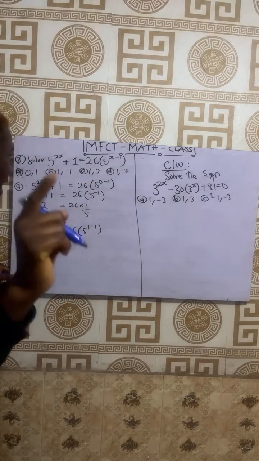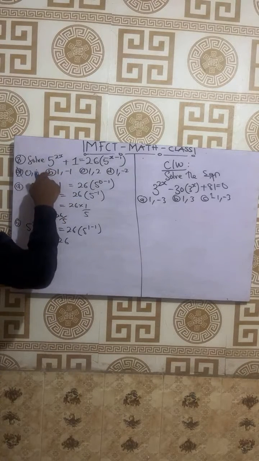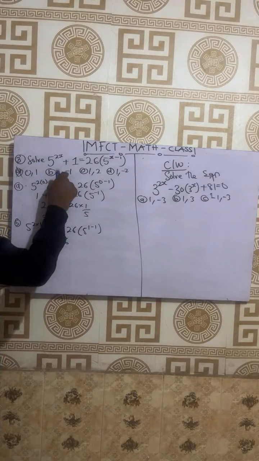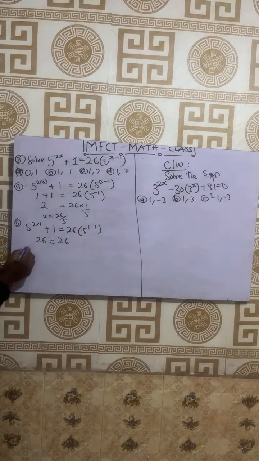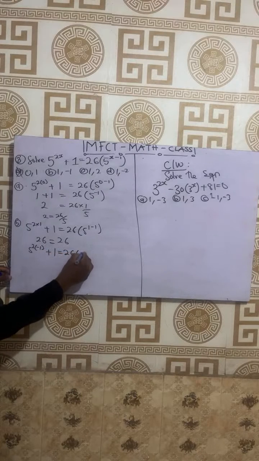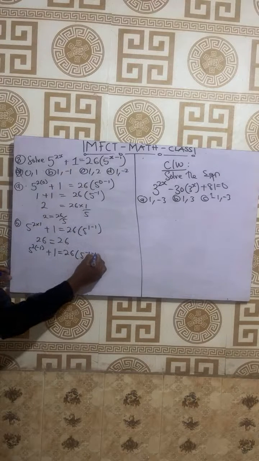So therefore, we have to move on to the next value to see if truly it is option B that is correct. Let us substitute the next value for option B here, which is minus 1. So let me substitute minus 1. That will be 5 raised to power 2 times minus 1 plus 1 is equals to 26, open bracket, 5 raised to power our x, which is minus 1, minus 1.